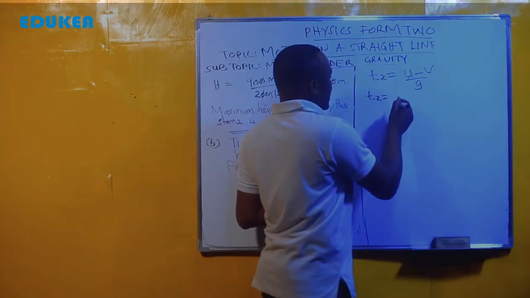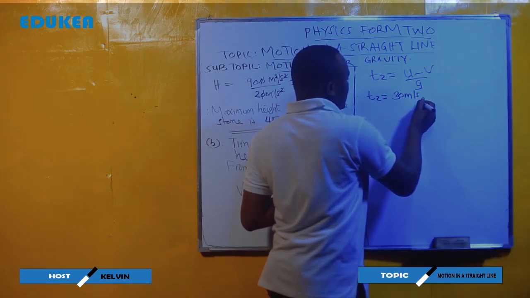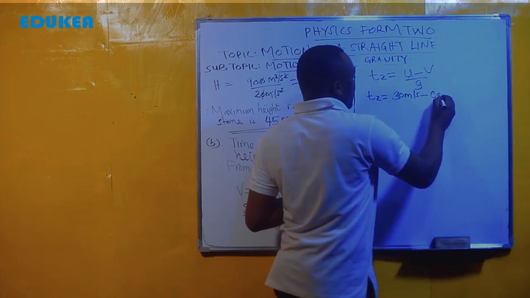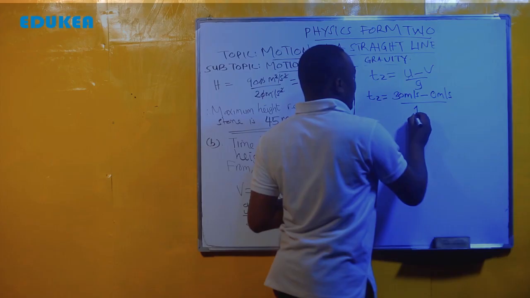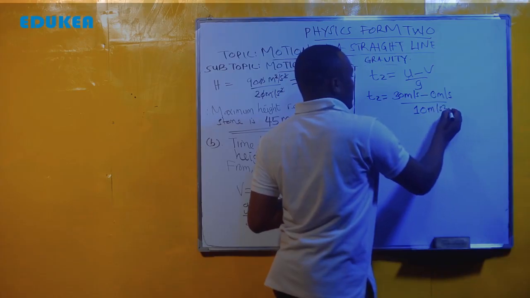Sawa, ukiangalia u ilikuwa ni 30 meter per second, utatoa final velocity was 0 meter per second, utagawanya kwa 10 meter per second square.